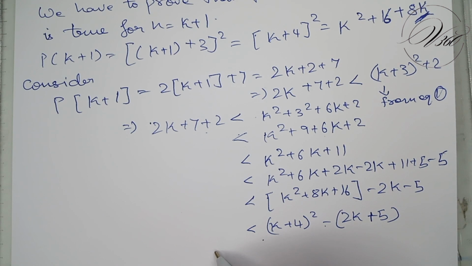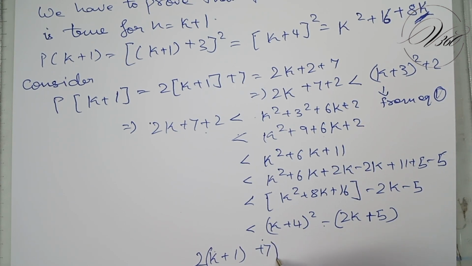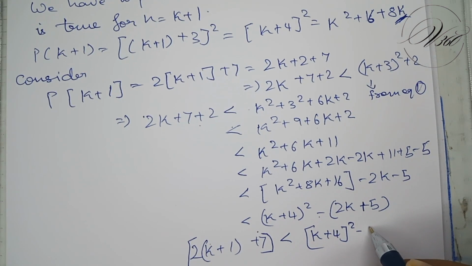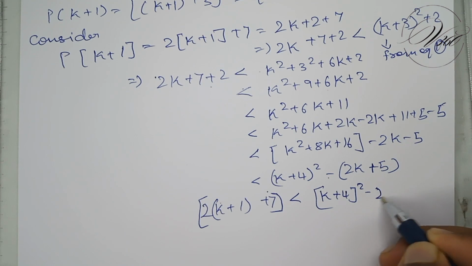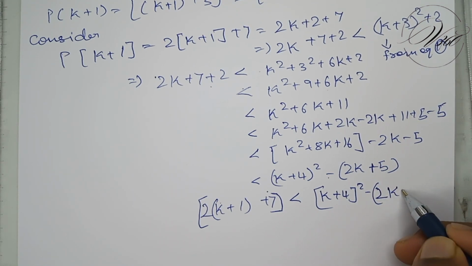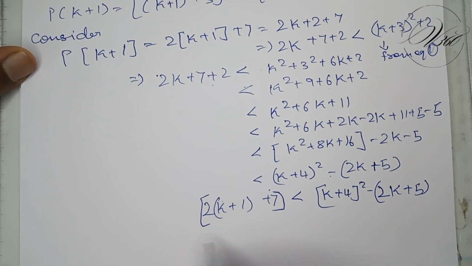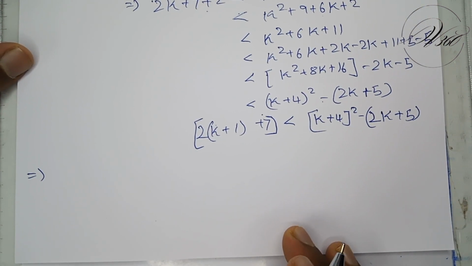Now therefore we can write it as 2(k plus 1) plus 7 is smaller than (k plus 4) square minus (2k plus 5). Okay, now you may all see this.